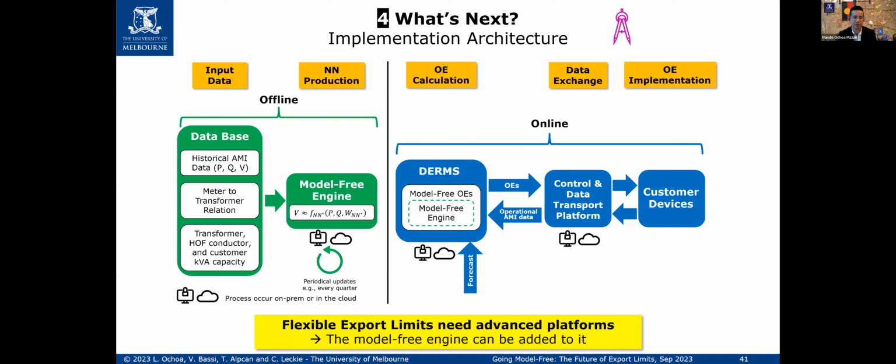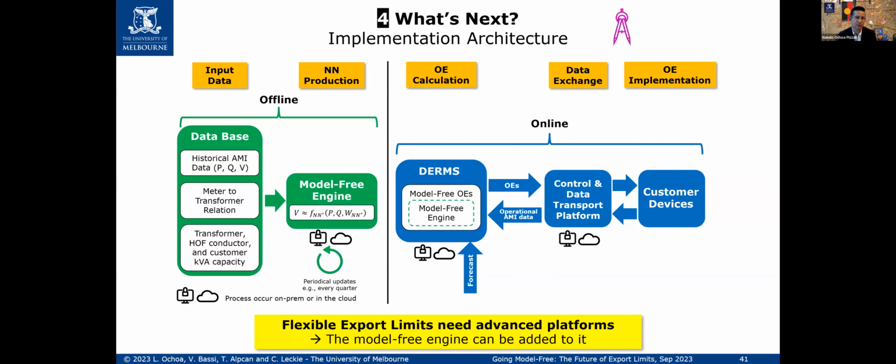Now, what you're seeing in this slide looks much more complex, architecturally, in terms of software, than what we were explaining. And why is this? The reality is that flexible export limits, as implemented by the likes of SA Power Networks, and Energy Queensland is already offering this, and it will happen through Australia for different regions. It has happened through projects, and is happening now, as I was mentioning earlier.